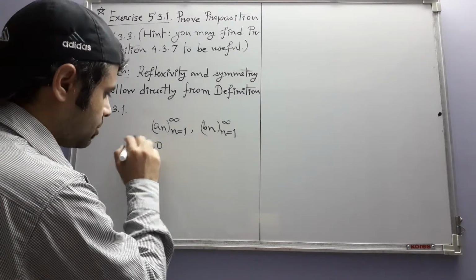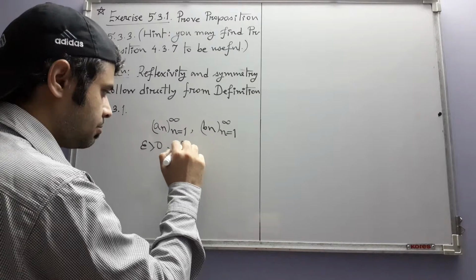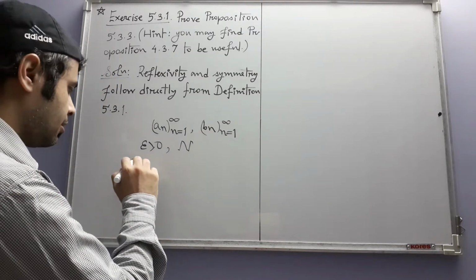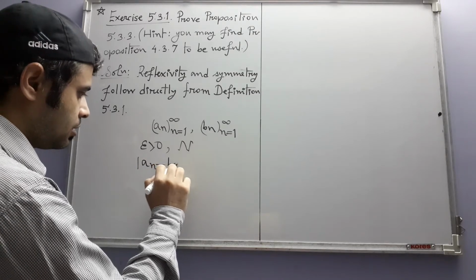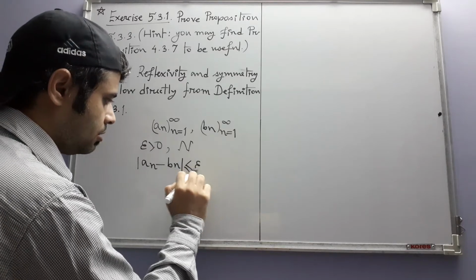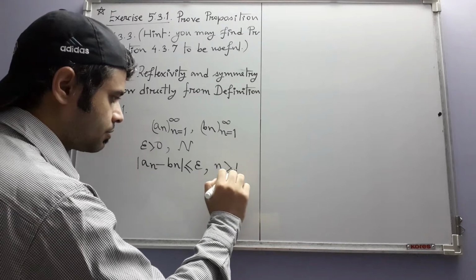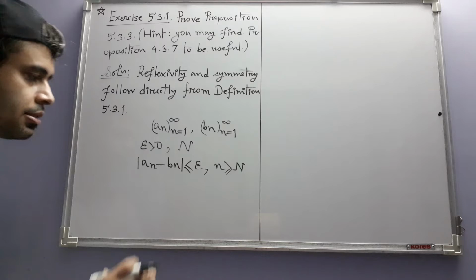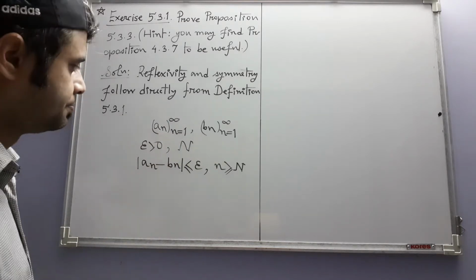That means for any such positive rational epsilon there exists a positive integer N such that the distance between the nth terms of the sequences is less than or equal to epsilon for all n greater than or equal to N. When this happens, we say that a_n and b_n are equivalent.